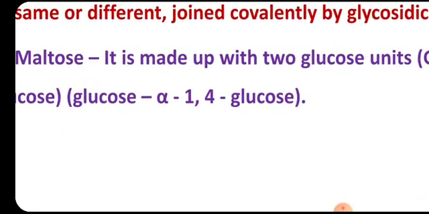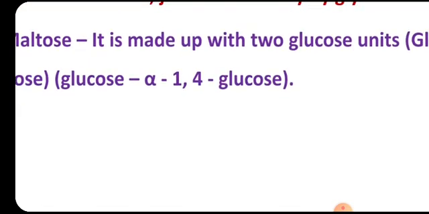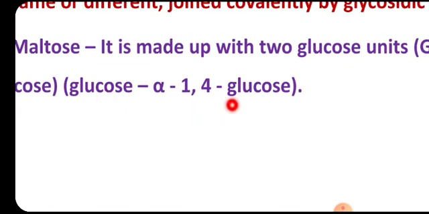This glycosidic bond is called the alpha 1,4 glycosidic linkage. As maltose is made up of glucose plus glucose, and between them there is a glycosidic bond called alpha 1,4 glycosidic bond, maltose will be called glucose alpha 1,4 glucose.